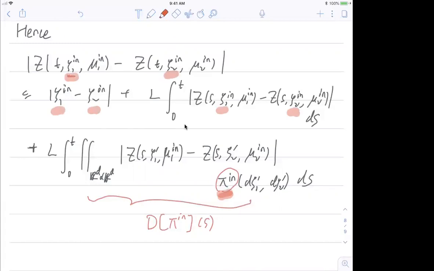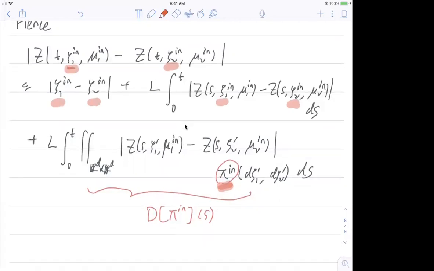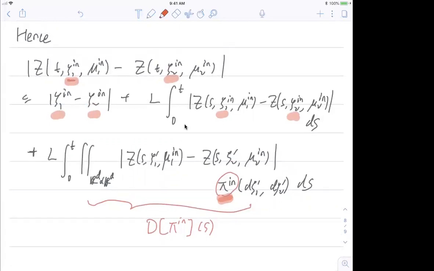So we integrate both sides with respect to the measure pi initial. Pi initial is any coupling we choose of mu1 initial and mu2 initial.